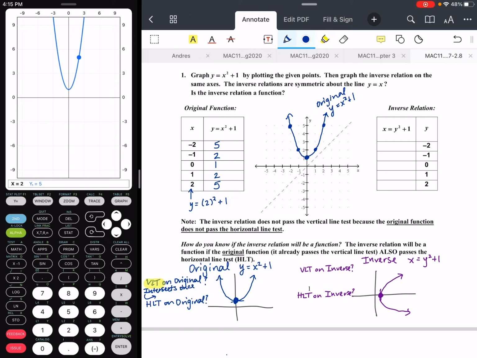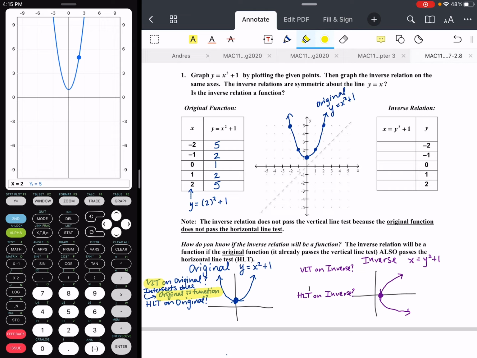Applying the vertical line test to the original confirms that the original is a function. My original equation is a function. I just want to mention that. So we're looking at a function. It's a parabola. Now let's take a look at its inverse relation.